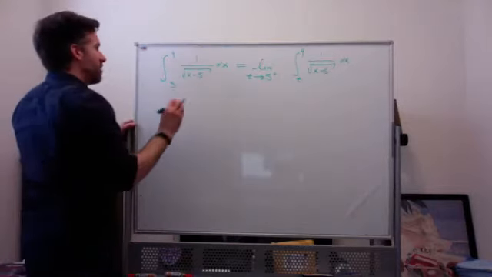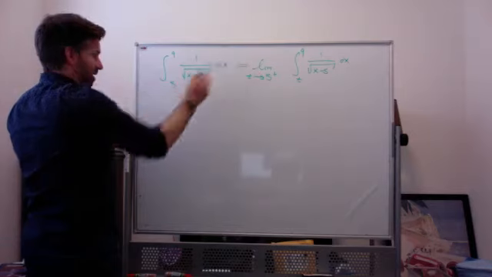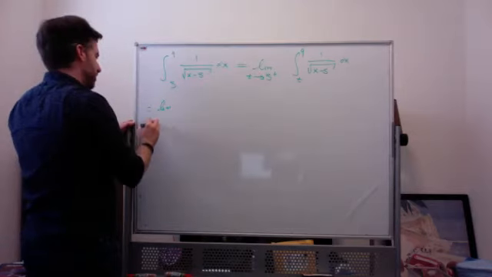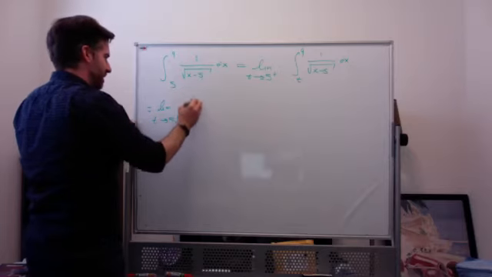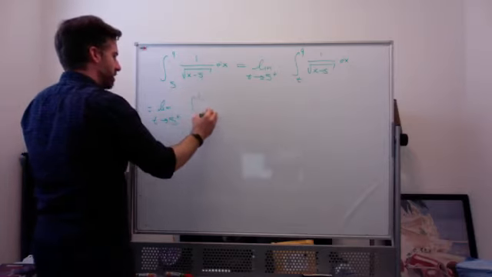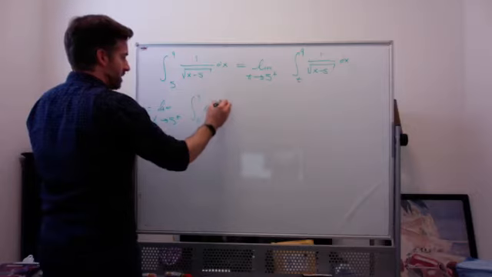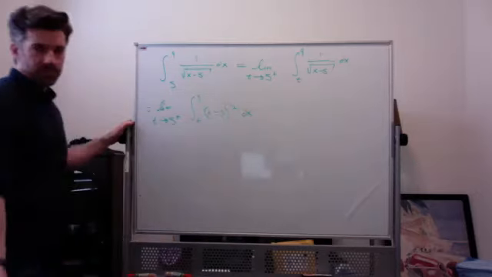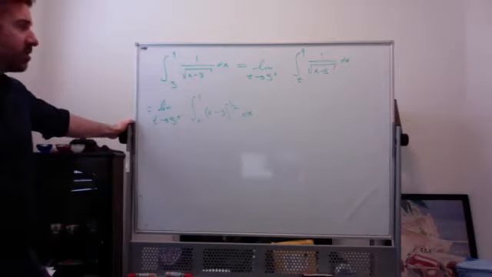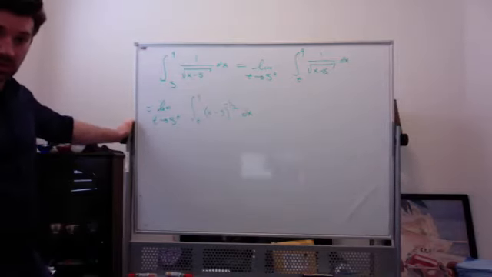And then we integrate. So I probably want to rewrite this as the limit as t approaches 5 from the right of the integral from t to 9 of x minus 5 to the negative 1/2 power. And I really don't think you need to do a u substitution.